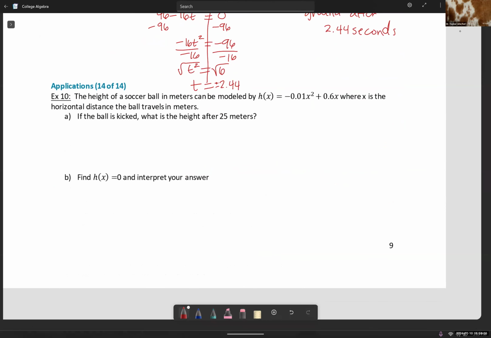Last problem. We have the height of a soccer ball in meters can be modeled by this equation, where x is the horizontal distance the ball traveled. So our output is going to be the vertical distance or the height, and the x value is how far it went out. So if the ball is kicked, what is the height after 25 meters? So the ball is kicked 25 meters out. What is the height? Just plug in 25.